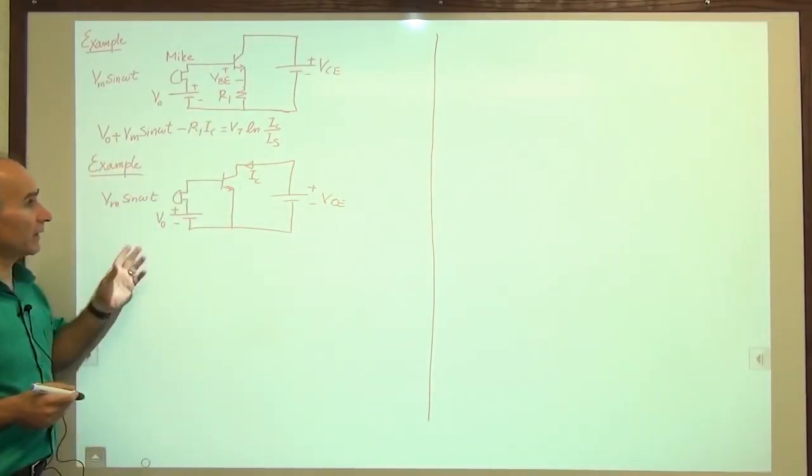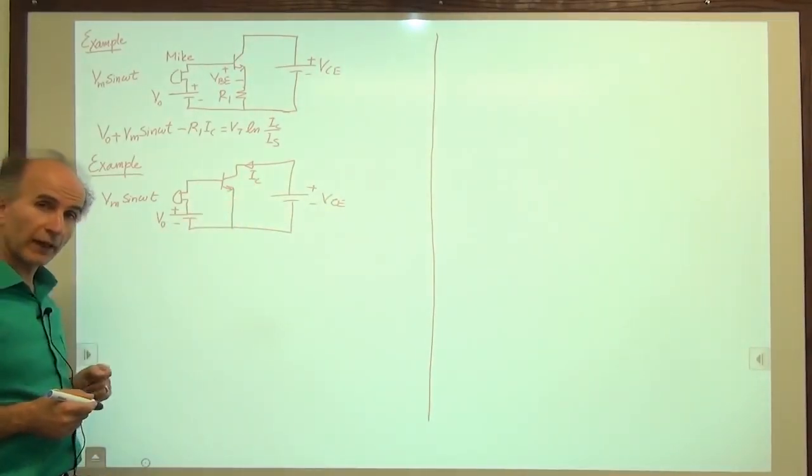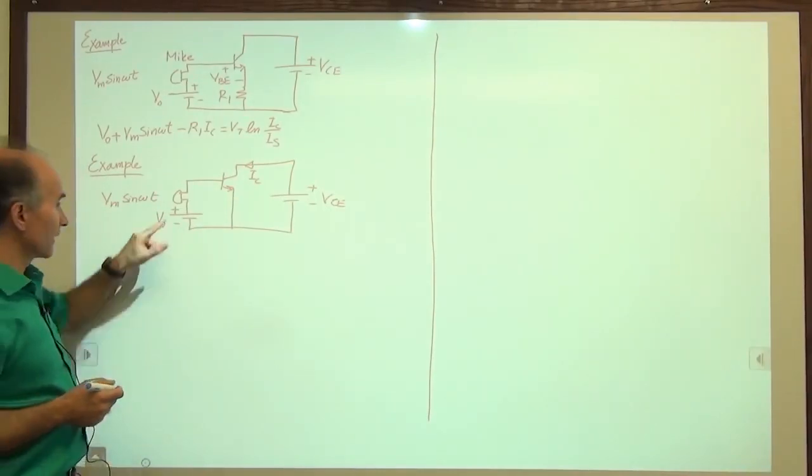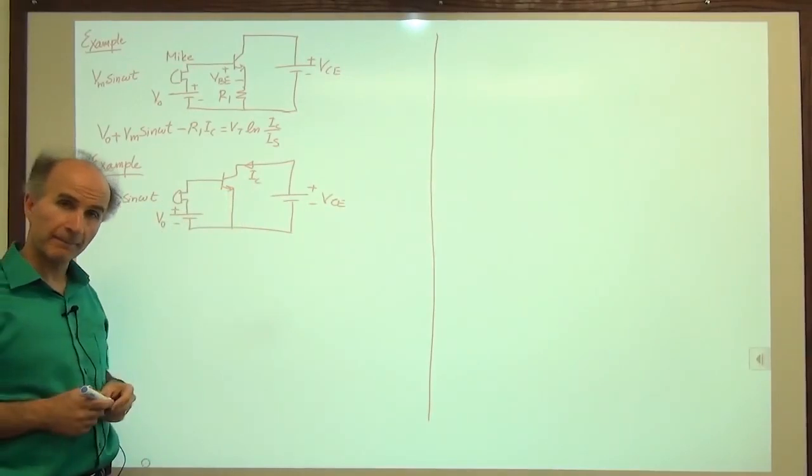Okay, can I find IC in this case as a function of time? This is constant. This is a function of time. I would like to find IC as a function of time.